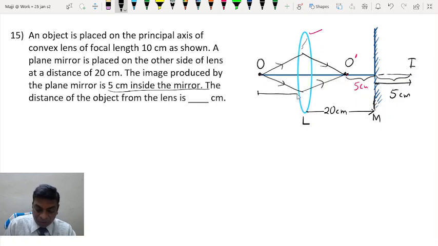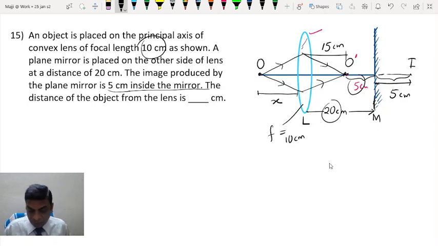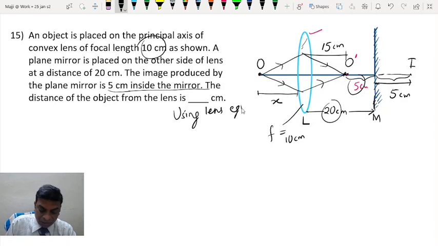So this distance, I'll take it as x. So this distance is 20 minus 5, that is 15 cm. And focal length of the lens is given as 10 cm. Okay. So using lens equation, we can write 1 by v minus 1 by u is equal to 1 by f.